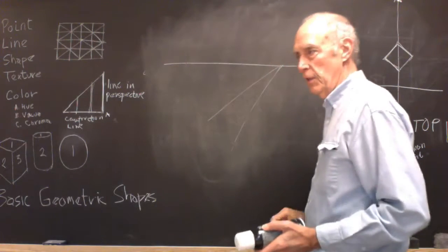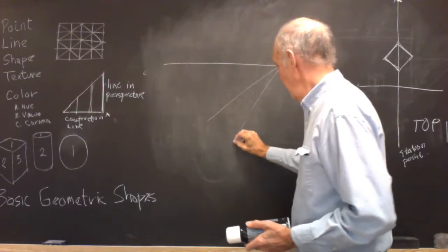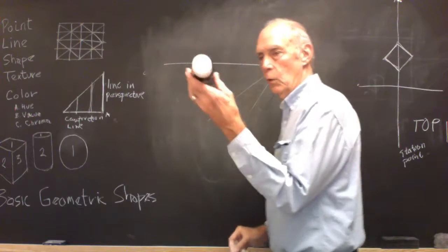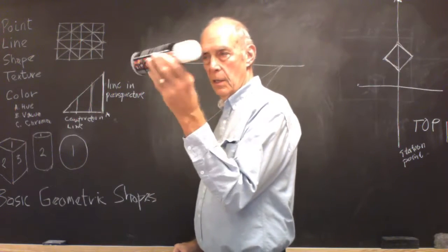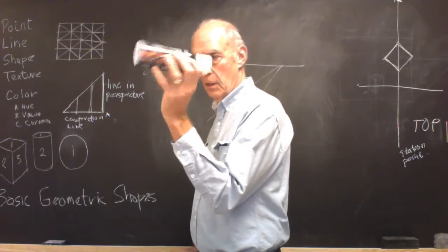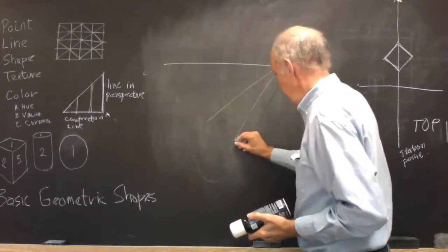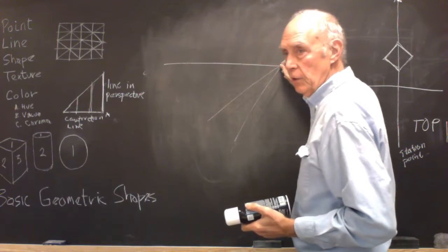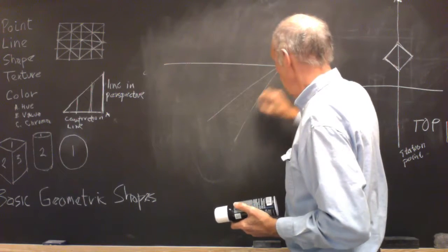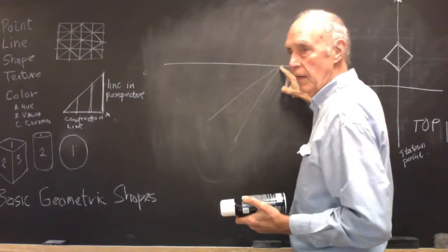Now here's the rule. Whenever you rotate the cylinder on the ground plane, the sides of the cylinder are going to go to the vanishing point. This is going to be where the sides of the cylinder vanish.